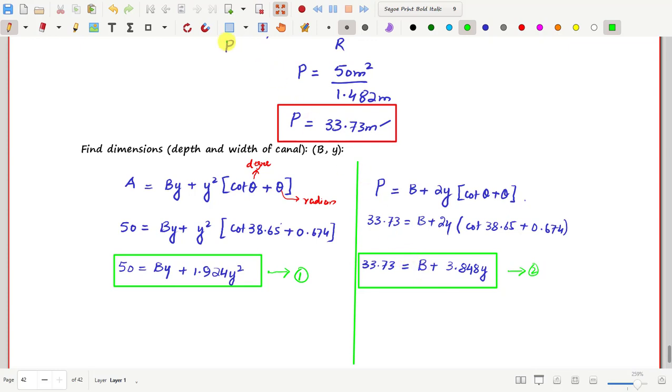If you solve this for b, this equation will become b is equal to 33.73 minus 3.848y, right? Put this value of b in this equation.